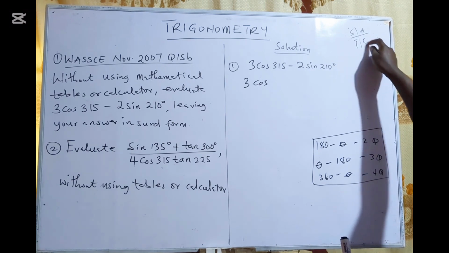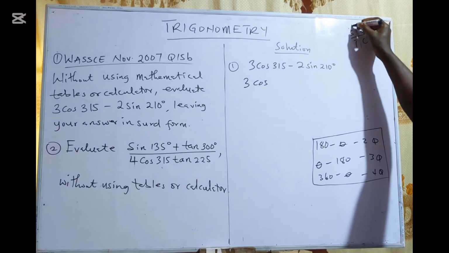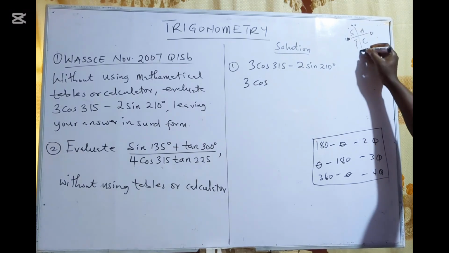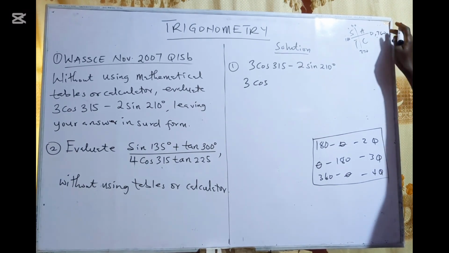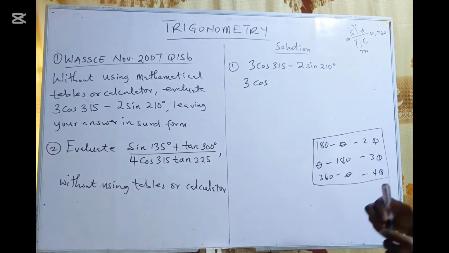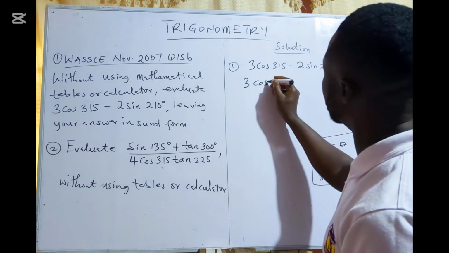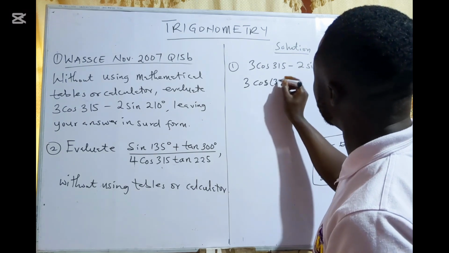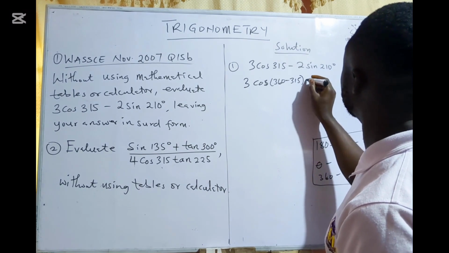It is in the fourth quadrant, between 270 and 360. The fourth quadrant is 360 minus the angle. So we have cos of 360 minus 315, minus 2.